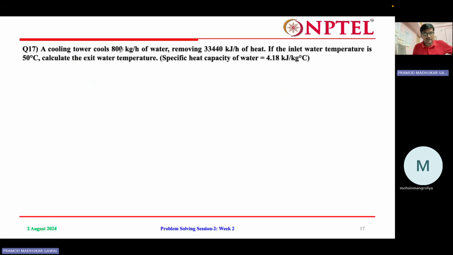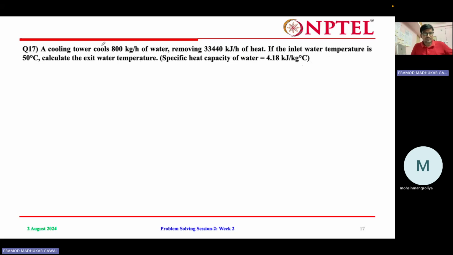A cooling tower cools 800 kg per hour of water, removing 33,440 kilojoule per hour of heat. If the inlet water temperature is 50 degrees Celsius, calculate the exit water temperature. Specific heat is given as 4.18 kilojoule per kg per degree Celsius.